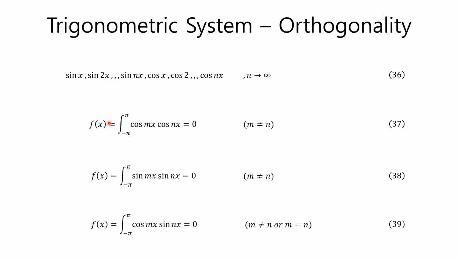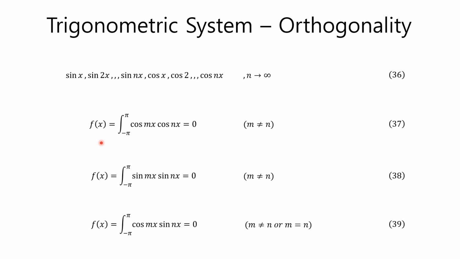The cases where these integrals become 0 can be expressed in three ways: equation 37, equation 38, and equation 39. The integration period can be arbitrarily set to 1 period. As shown here, you can set it from minus pi to plus pi, or you can set it from 3 pi to 5 pi.